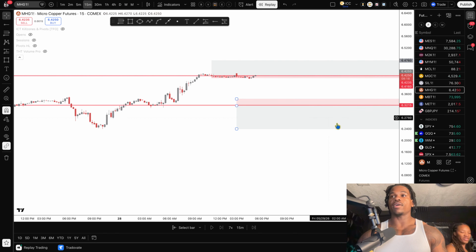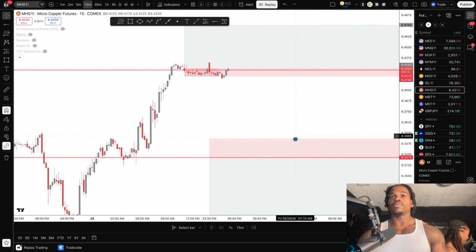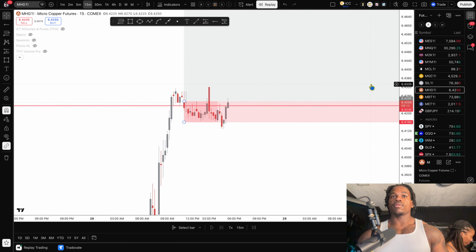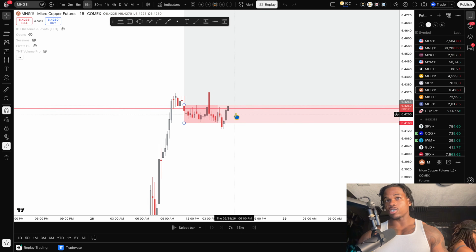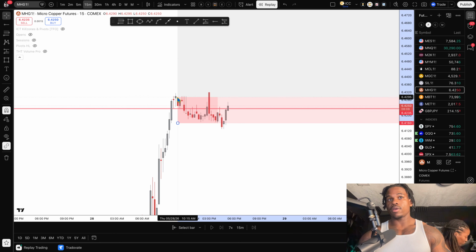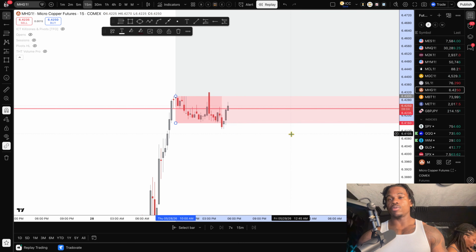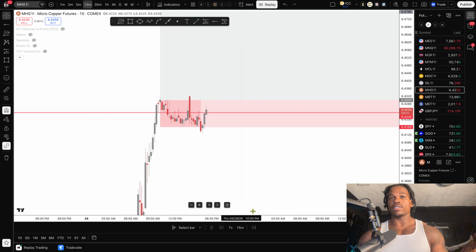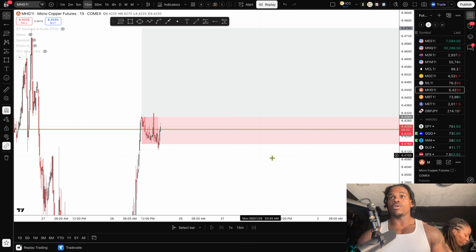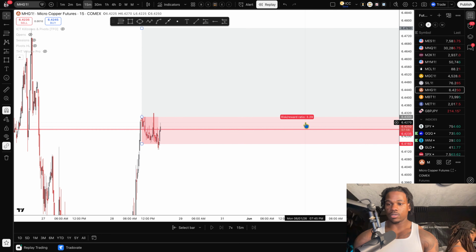We don't have to overcomplicate it. But it has to be in bull structure. And just a simple trade like this is how you get your high risk to reward ratios.